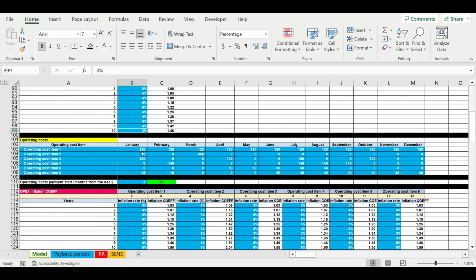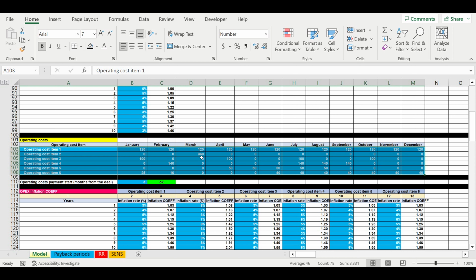Then we assume that we do have some operating costs. They may even have some seasonality. Some of them will appear in summer, some of them will appear in winter, some of them, for example, may appear only once in a year. And then we also specify when operating costs appear, after we buy a house, since that moment when these costs appear.